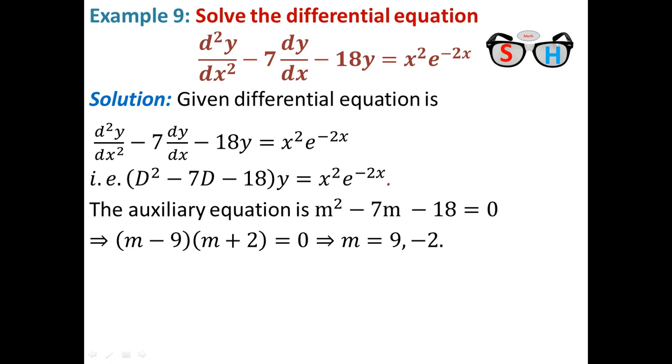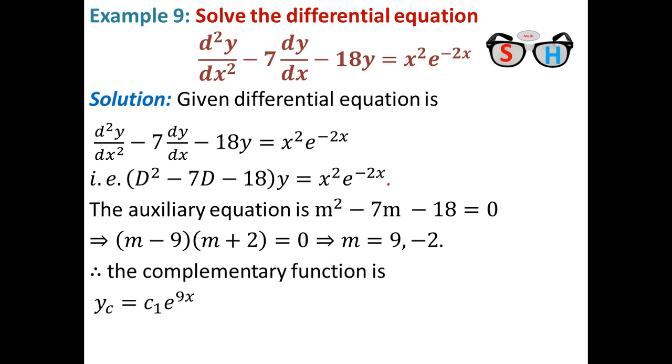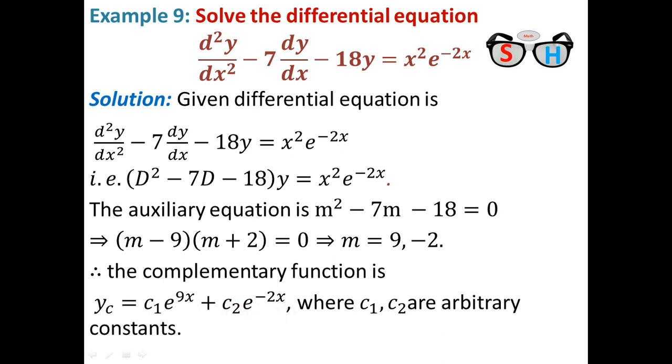Therefore the complementary function will be c1 e to the power 9x plus c2 e to the power minus 2x, because 9 and minus 2 are distinct real roots. This is denoted by yc, the complementary function, where c1, c2 are arbitrary constants.